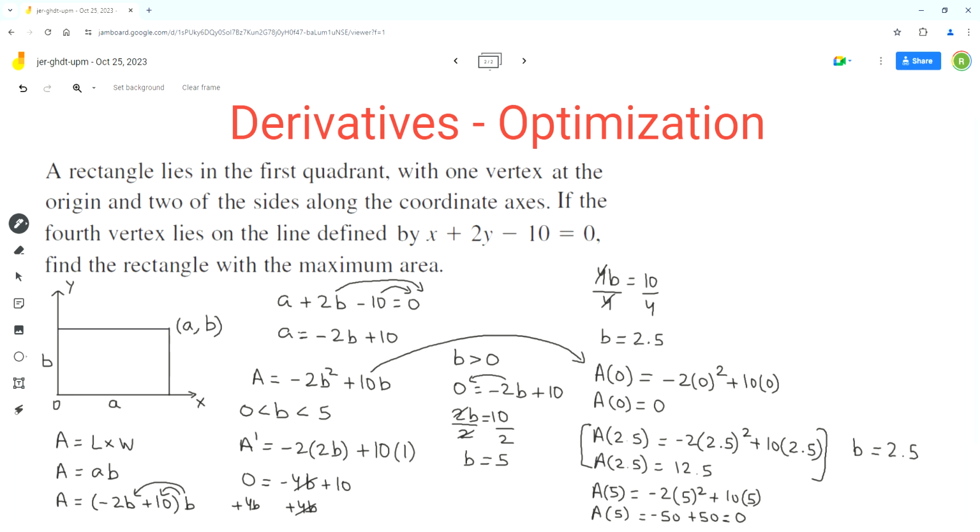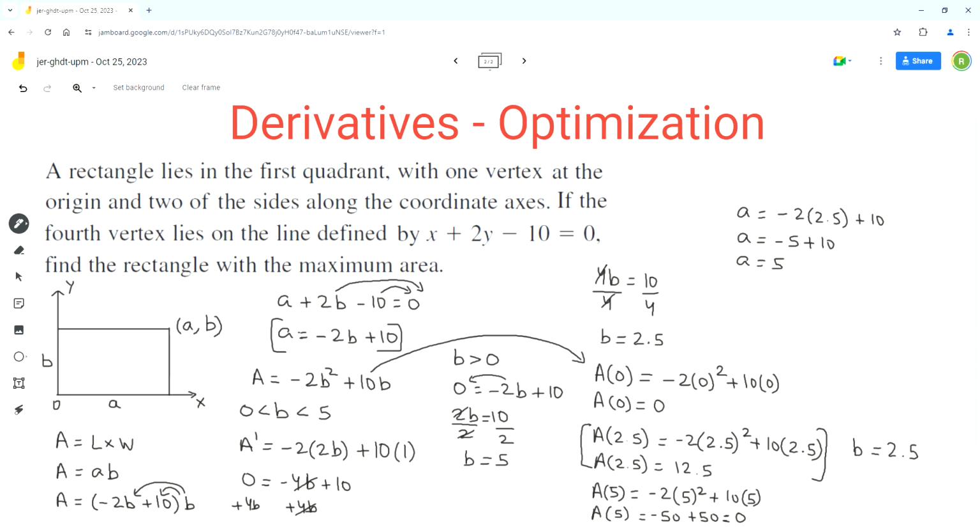Next, we should find the value of A, and for that we can use this equation here. So we'll sub in B as 2.5 in this equation. I get A equals 5.